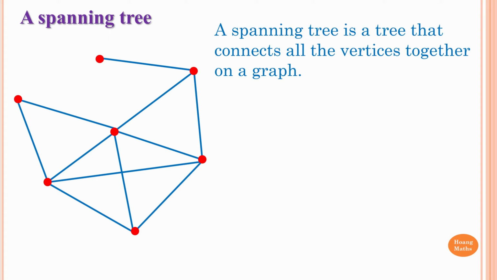Remove that, and I still have a cycle. So I'm going to remove edges until there is no more cycle. Okay, so we remove this and we need to remove one more. There you go. This is a spanning tree because every vertex is connected together with only one edge between them.